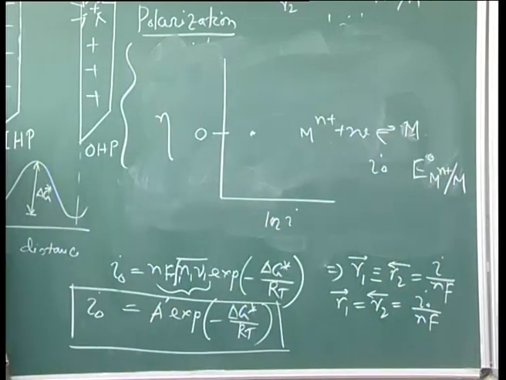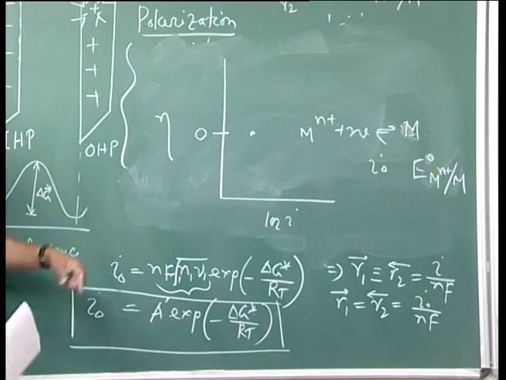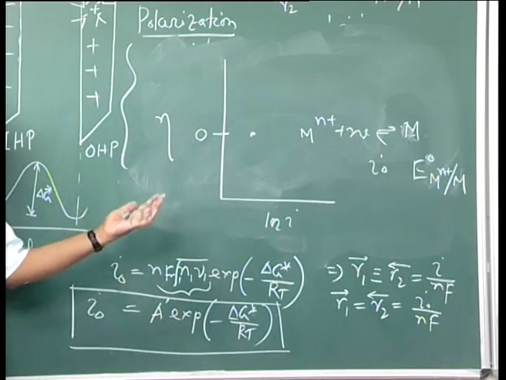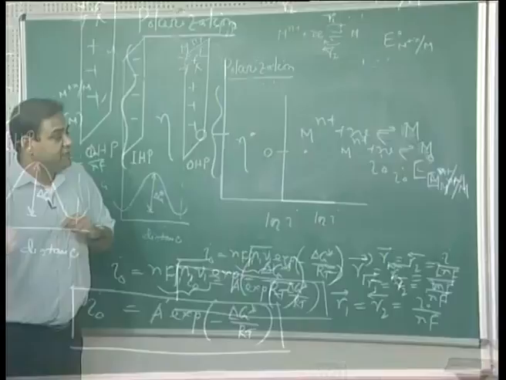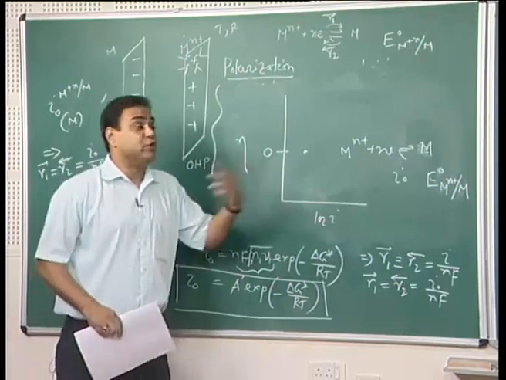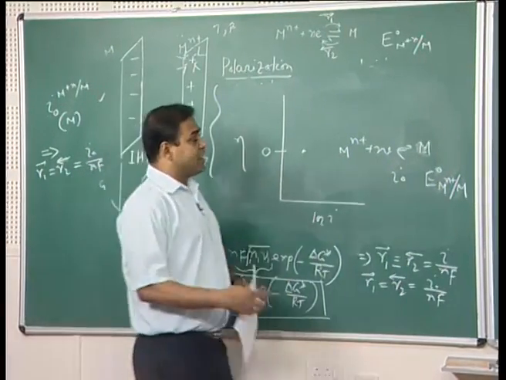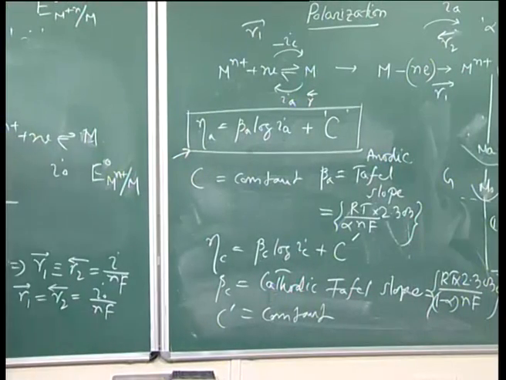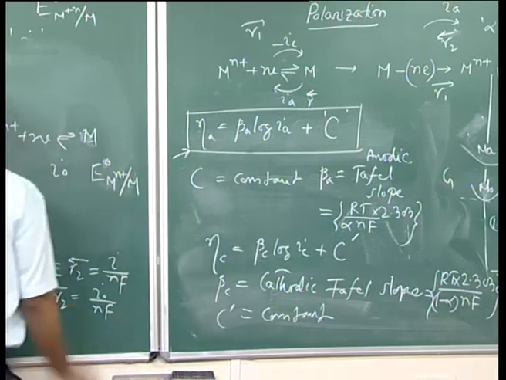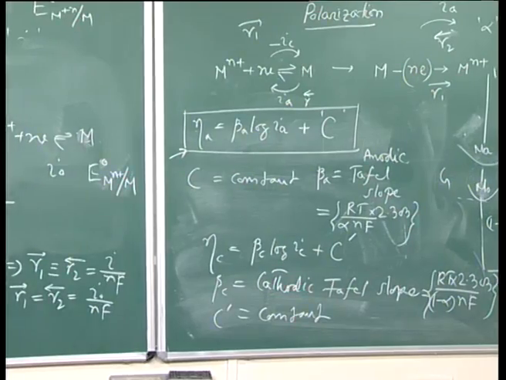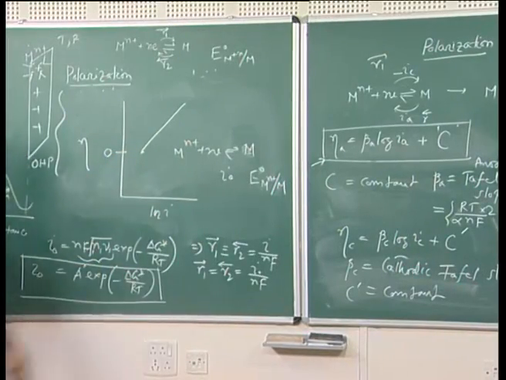the standard reduction potential. So now if IA is increased compared to IC, it would go into the anodic polarization side. That time I have to consider this equation. And now this is a straight line equation with a slope of beta A. So I will see that the line is like this.